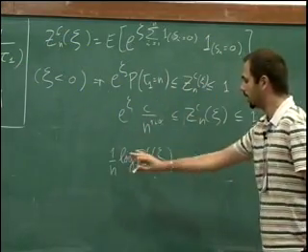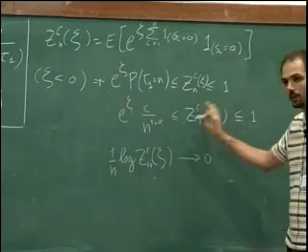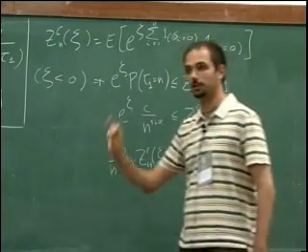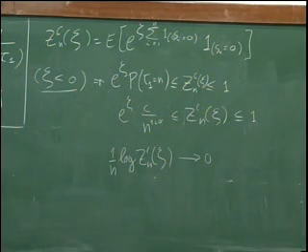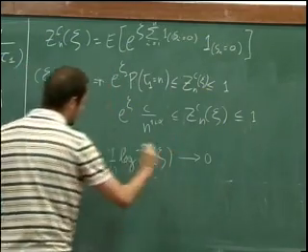It just means that 1 over n log tends to 0. This does not increase exponentially, does not decrease exponentially. The free energy is 0. So in a sense, the free energy is a very rough quantity. Nevertheless, it's very important, and it tells you a lot of information. So just to recall, for zeta negative, everything is OK, and the free energy is 0, because the limit of this is 0.